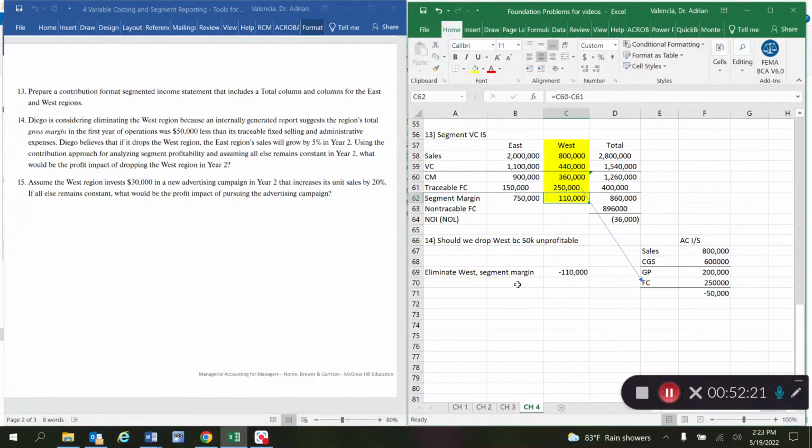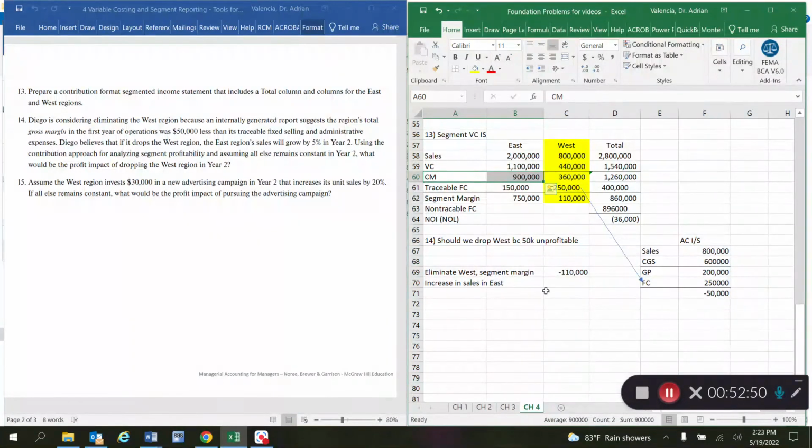They did say that if we eliminate the West, the increase in sales in the East will be 5%, I believe. Yes. So if the contribution margin right now in the East is 900,000, if we get rid of the West, we're going to have 900,000 plus 5% of that.